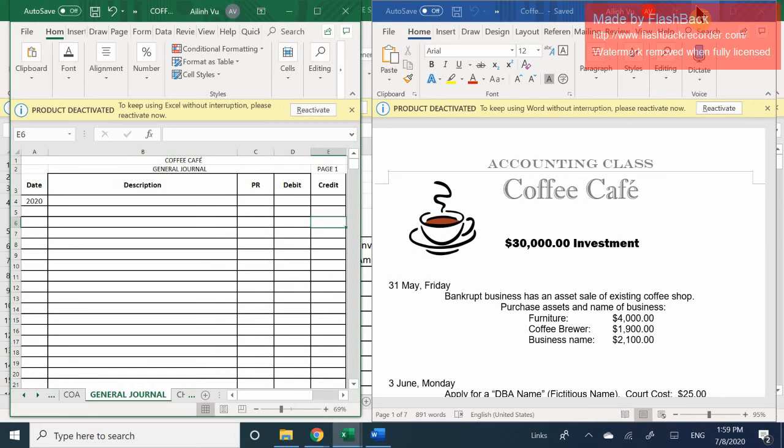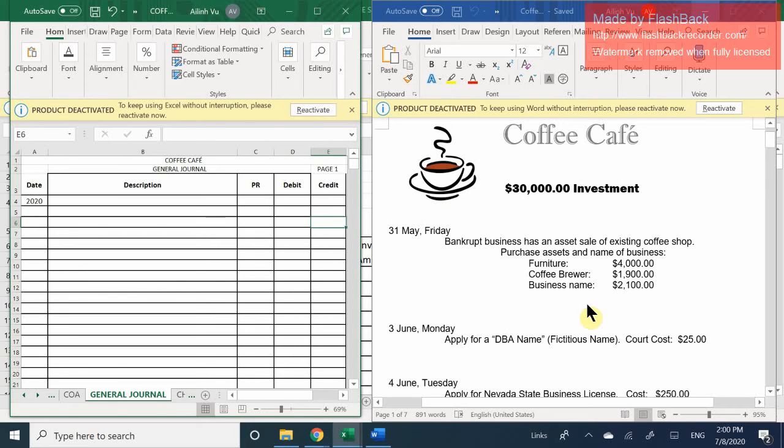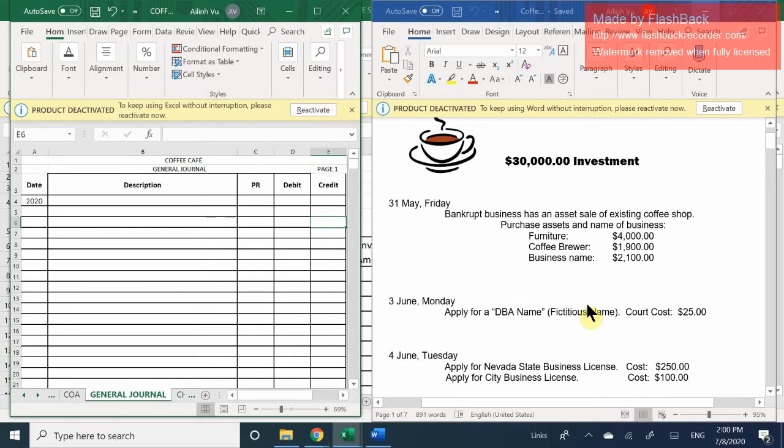So first off, on May 31st, he goes to the bank and checks to see if there are any businesses out there that he can already purchase. Now, these are pre-made businesses, because you can't actually go to the bank and do that, and see whether they're going to help you with a loan or anything like that, or you just need a place to get started.